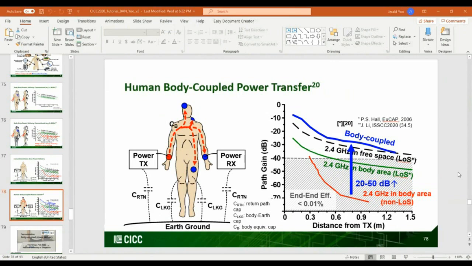Right now, the efficiency is not that high, but down the line we are trying our best to improve the power harvesting efficiency as well as transfer efficiency.